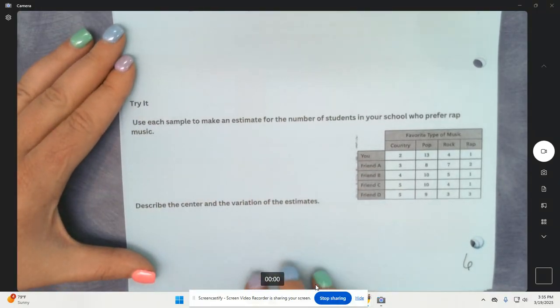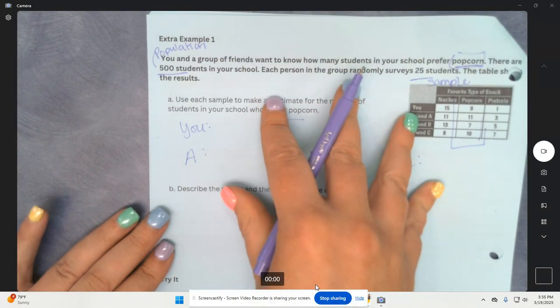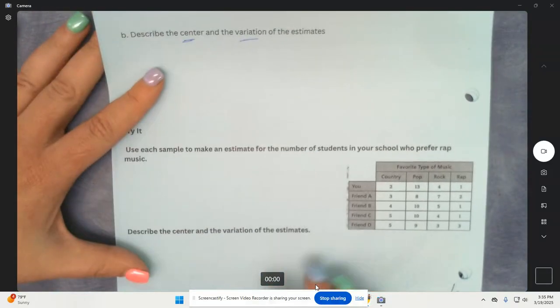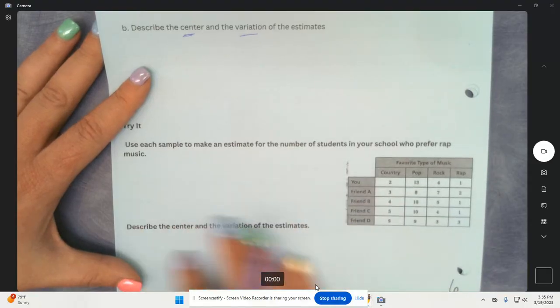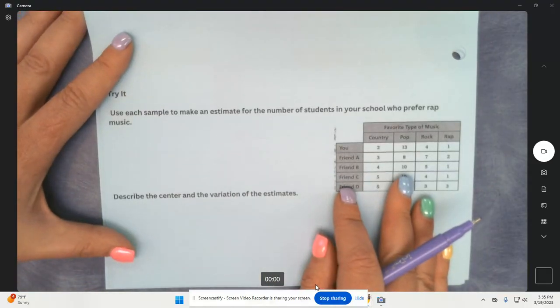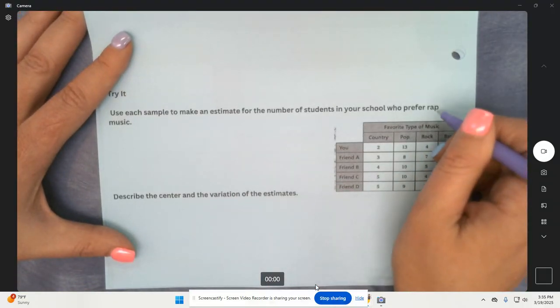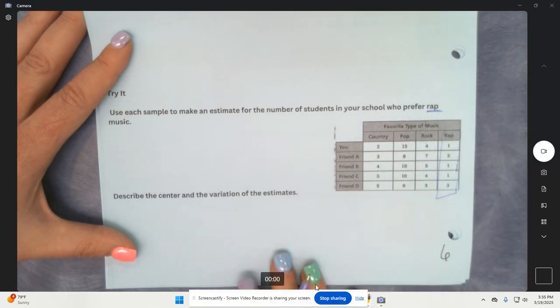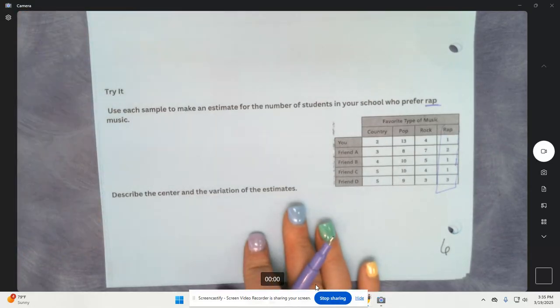And it's the same exact process as example 1 and then the extra example 1. So pause the video again and I want you to solve for these. But this time, instead of pop, we're looking at wrap. So we should be looking at this column right here. Okay? Pause the video, and then when you unpause it, I'll have your answers.